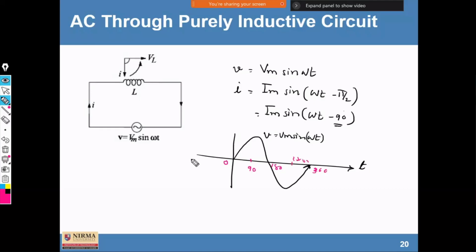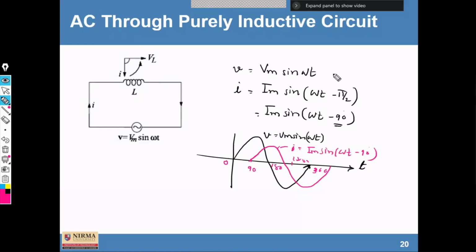We can start irrespective of magnitude, because the magnitude of both the quantities may be different or equal. Suppose the magnitude Im is smaller than the magnitude of voltage, then we can plot this graph accordingly. So this is the graph of current i, i equals Im sin omega t minus 90 degrees.